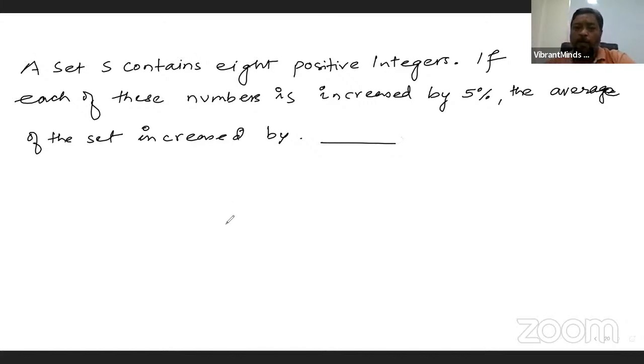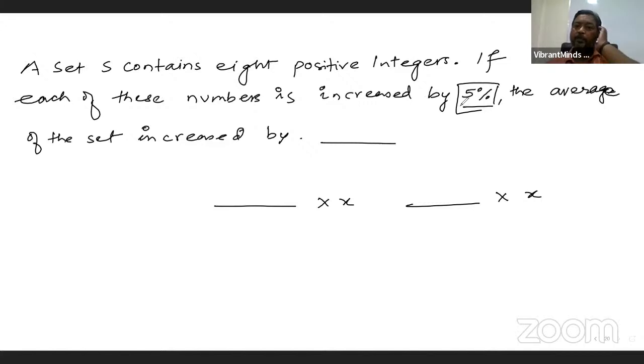So I gave you one rule. If each observation is multiplied by x, my average also gets multiplied by x. So what is happening? It is getting multiplied by 5%. Are you getting me?